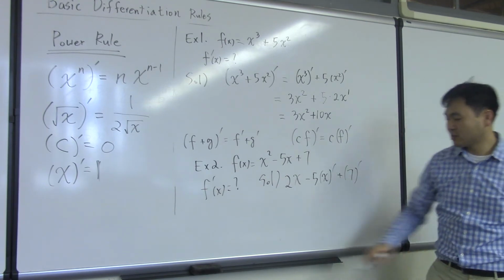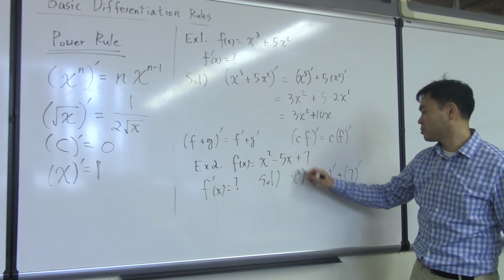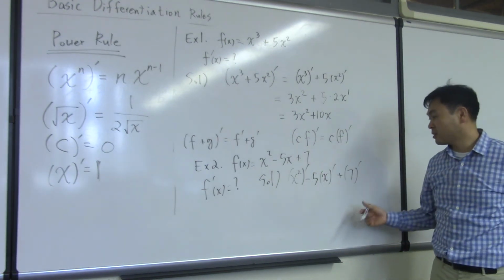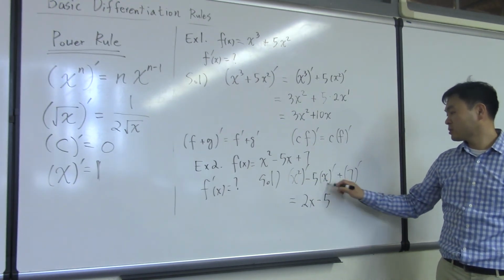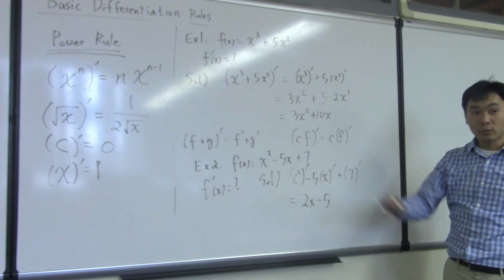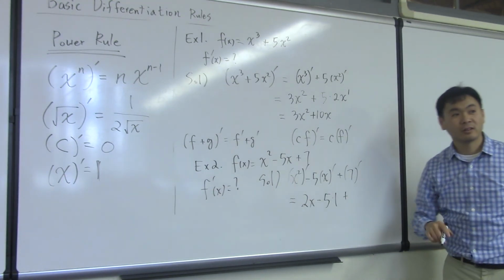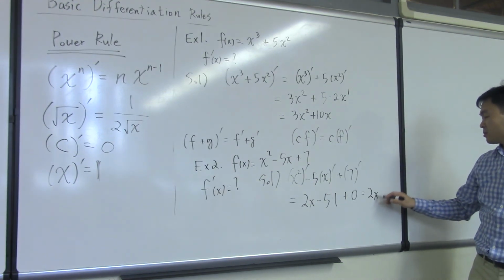Maybe I should just leave it like this: (x squared)'. So you just differentiate individual terms like that, and that gives you 2x. What's x'? 1. We just had it. What's 7'? Yeah, a constant differentiates to 0. So this is 2x minus 5.